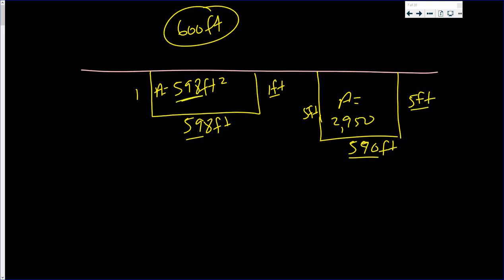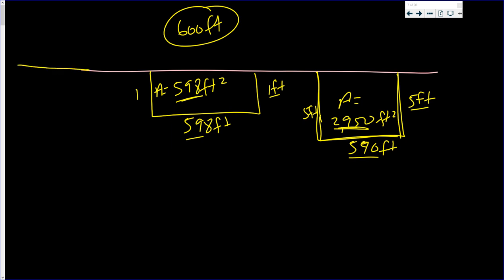This is around 600. This is around 3,000. This is 5 times bigger. Almost. But it's for the same perimeter. That's bizarre. What if, or is it?